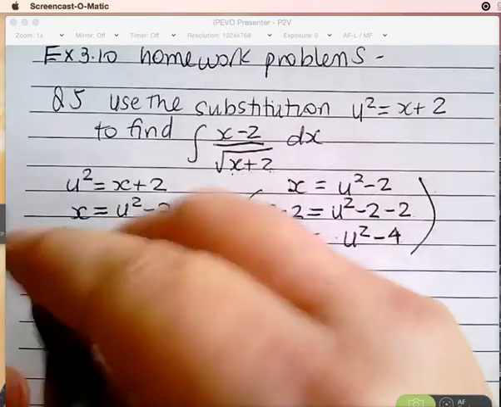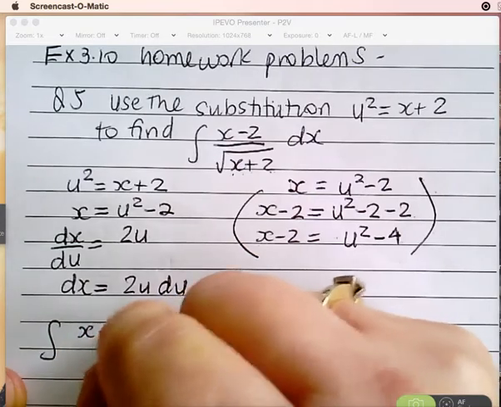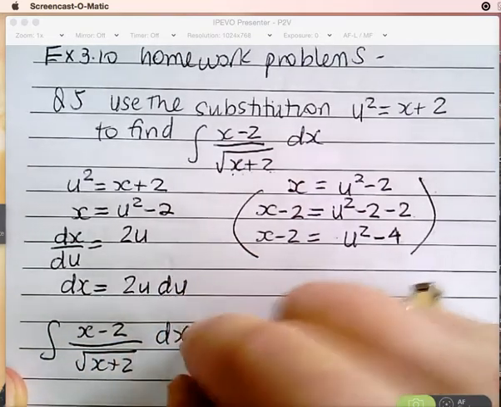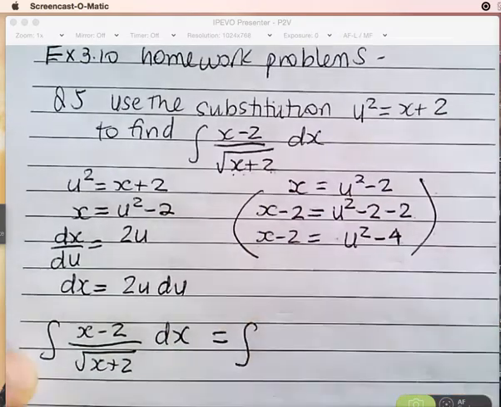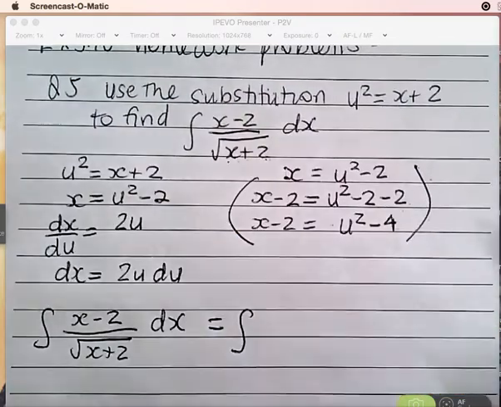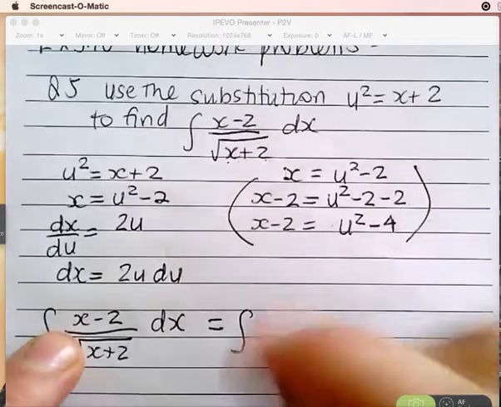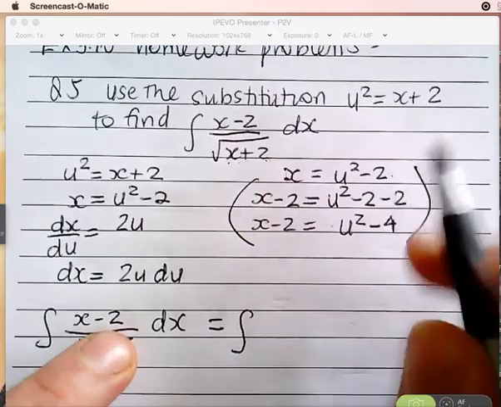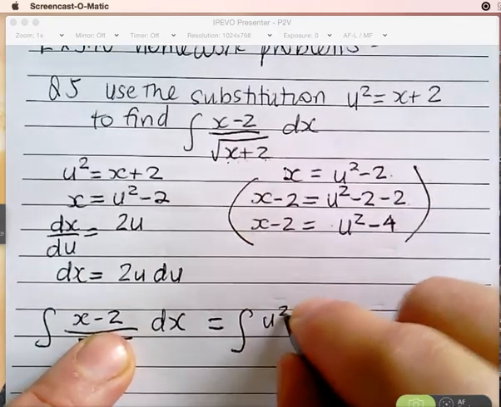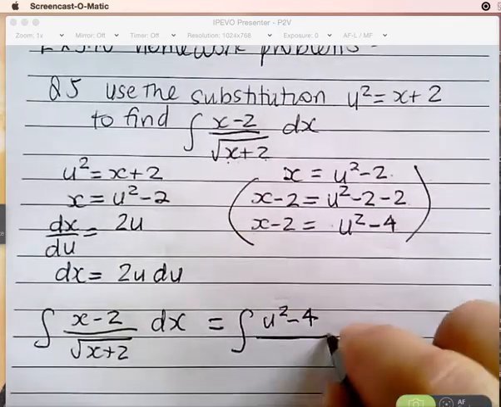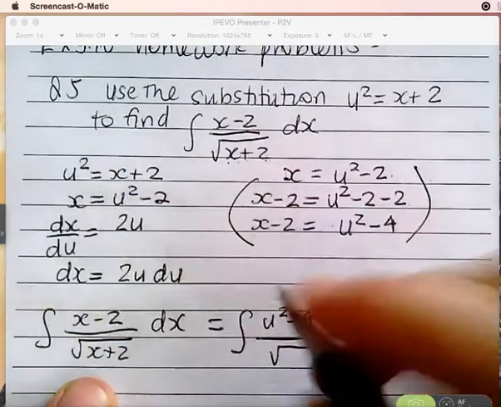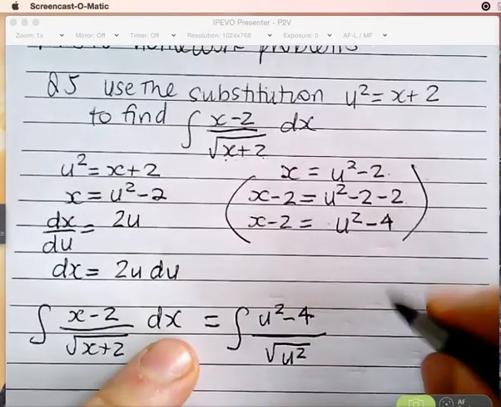All right, so let's do our substitution. The integral of x minus 2 over the square root of x plus 2 dx is the same as the integral of, what do you got? x minus 2, I could have just gone that x is u squared minus 2 and then put another minus 2, and I will get u squared minus 4 over the square root of x plus 2, which is u squared, and dx.